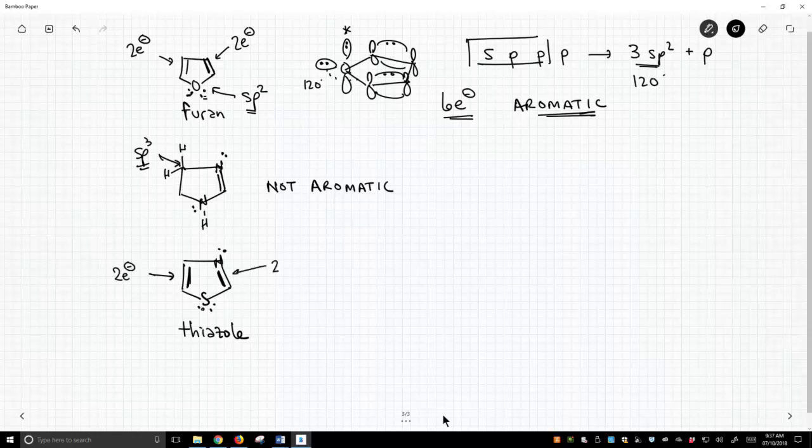There are 2 electrons in that pi bond. So then we have 3 lone pairs. That's potentially 6 more electrons. 2 plus 2 plus 6 would be 10. So maybe this is one of our 10 electron systems. It's not. Each atom at most can contribute 2 electrons.